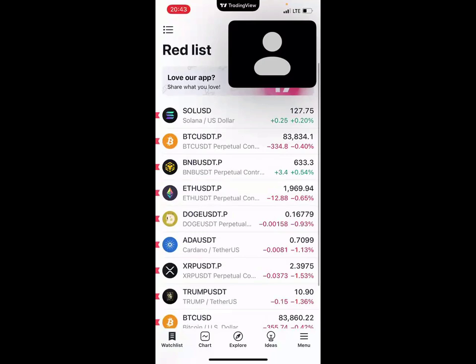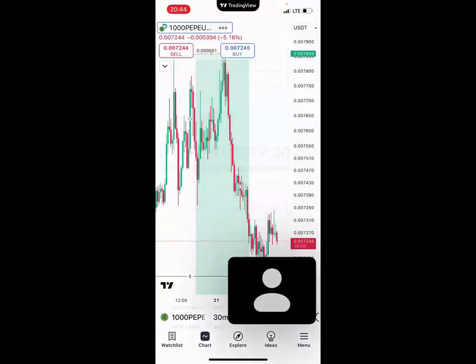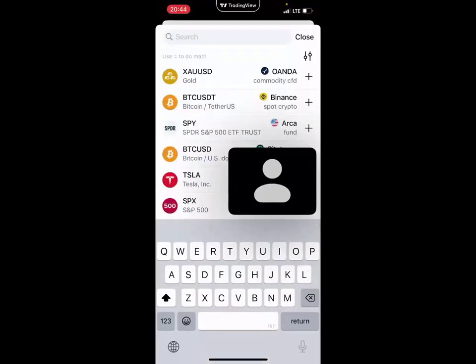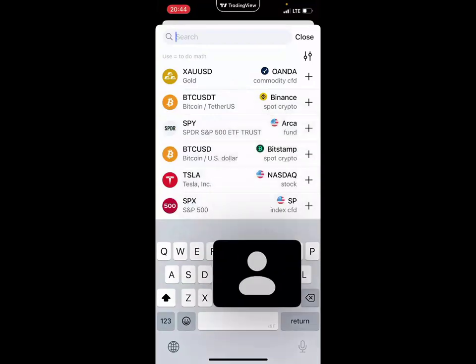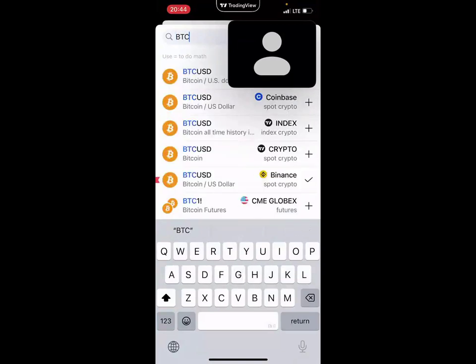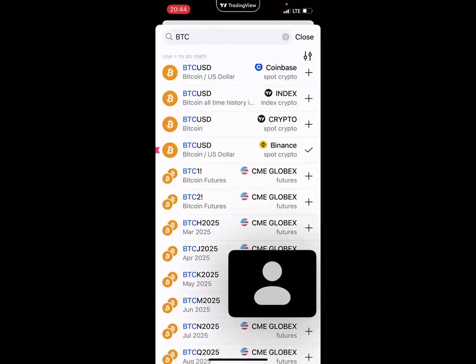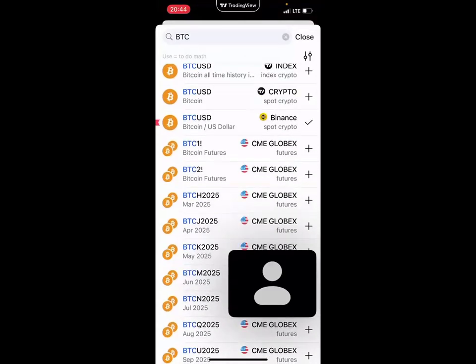So I'll add a coin here. Let's use BTC, for example, USDT. Let's pick which exchange we should use. Let's use Binance.